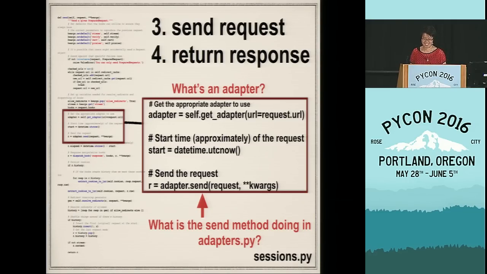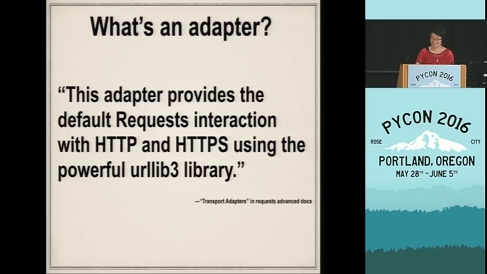So there are a lot more questions happening, and I'm diving deeper, like 5, 6 layers deep into the request library. All right, so I want to know now, what is this adapter object, and why do we need that? So this is the answer. The adapter provides a way for the request library to talk to HTTP and HTTPS using the powerful urllib3 library. And this is directly from the request documentation.